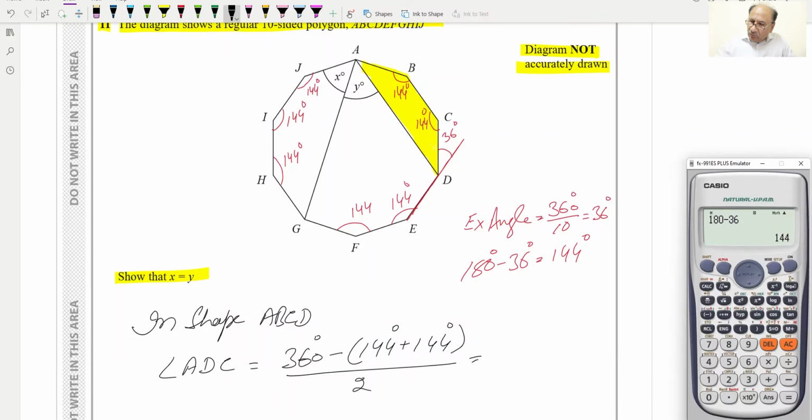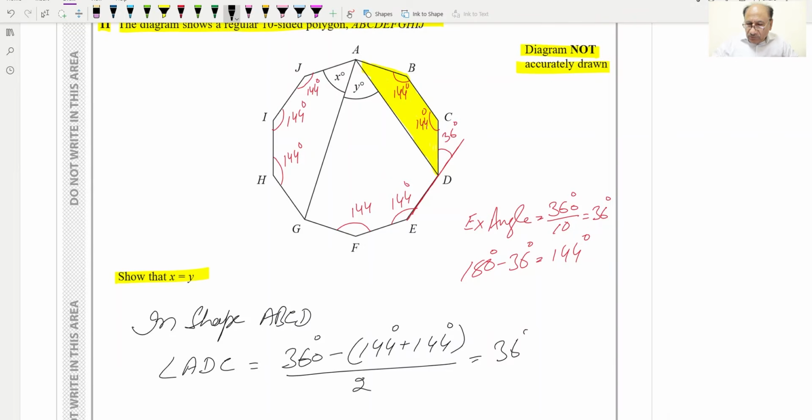So this will be 360 minus 144 plus 144 divided by 2, which is equal to 36. So this angle is also 36 degrees, and this angle is also 36 degrees.